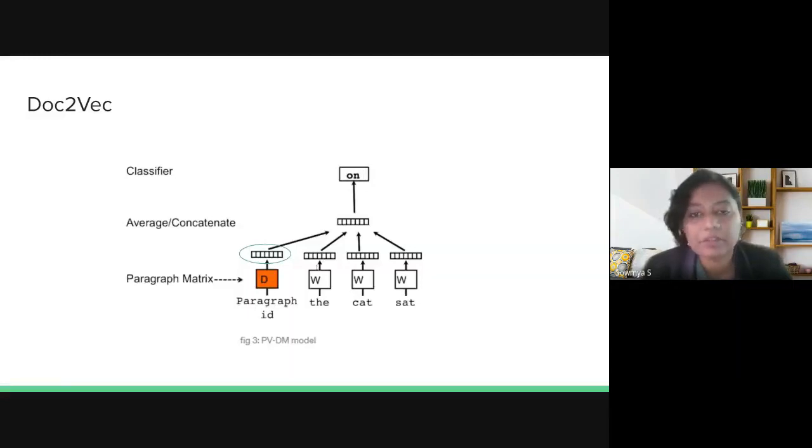So in Doc2Vec, we are interested in predicting the next word, not just context or middle. In context or middle, all the context words have similar weight and all the center words have similar weight, so that kind of averaging happens. But here, all of these have separate weights, so we capture the sequence information. The cat sat, and then you want to predict on. That is captured in Doc2Vec.